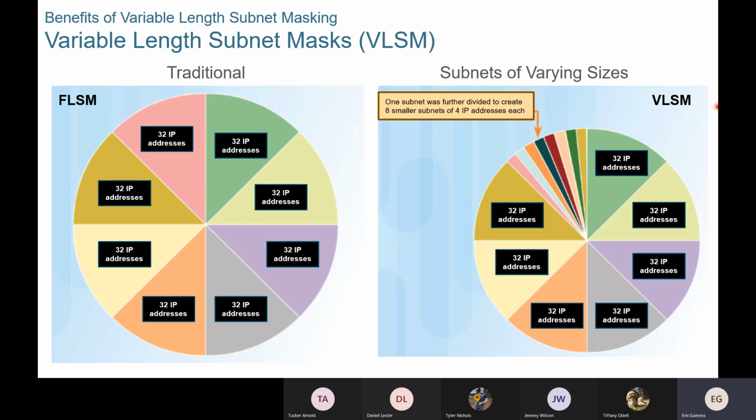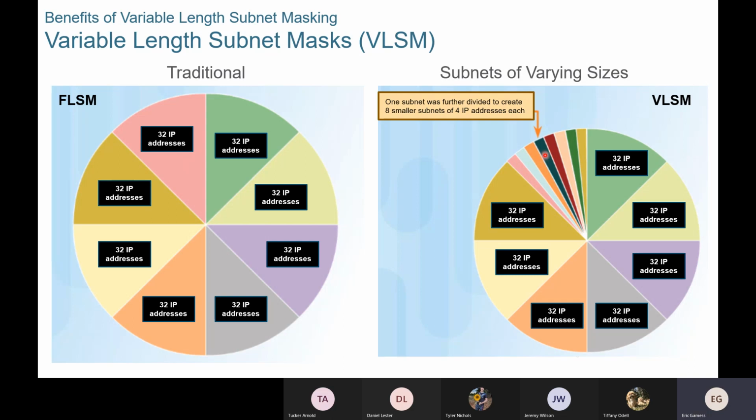A way to see variable length subnet mask is that you do a first division of the IP addresses, and then you take a subnet, the one that is here in pink, and you divide it one more time. So you do a second division.